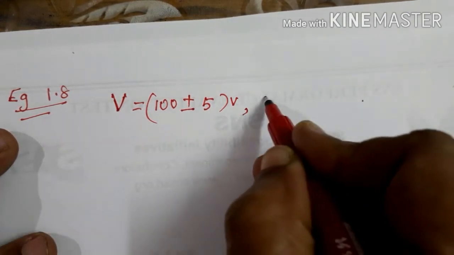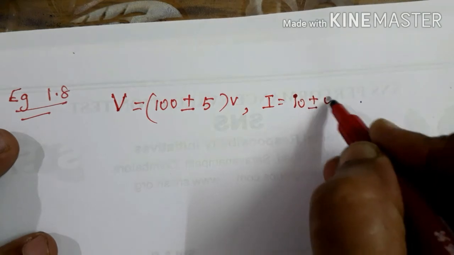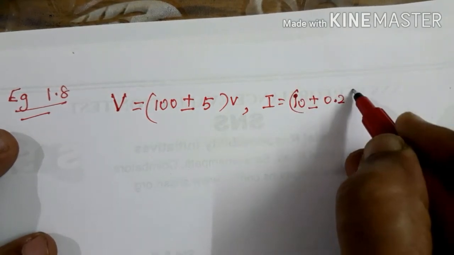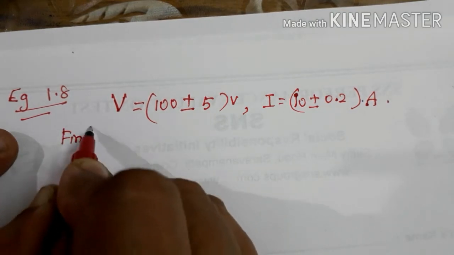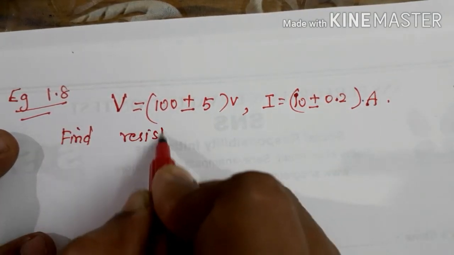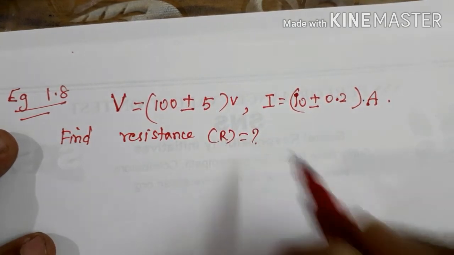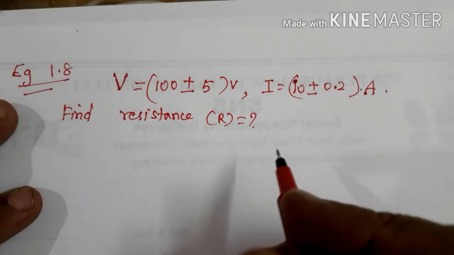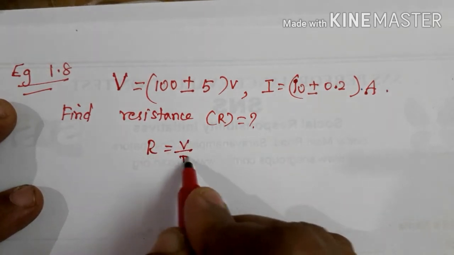The current value I is equal to 10 plus or minus 0.2 ampere. You have to find resistance. You have already learnt Ohm's law. V is equal to IR. If you want to find out R, that is nothing but V by I.